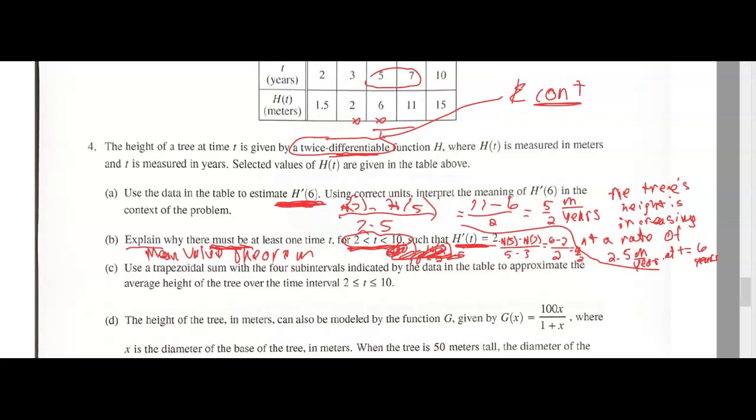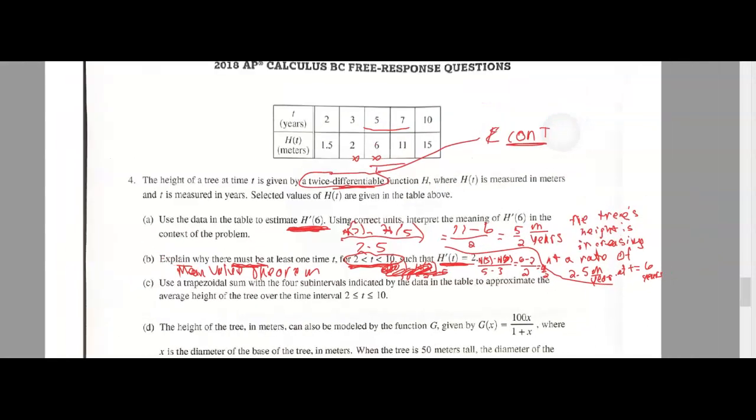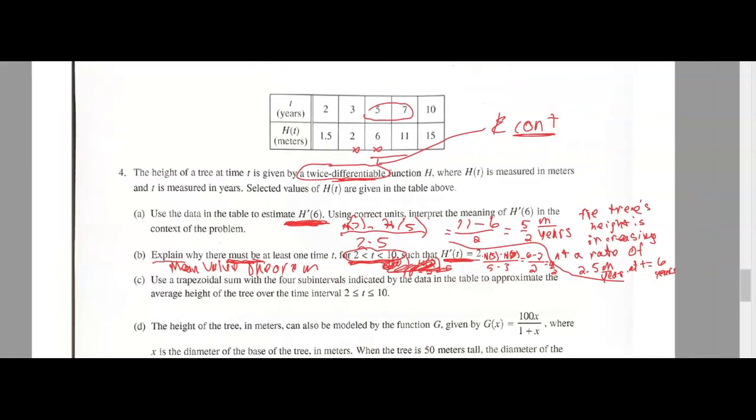And that, in this case, was from the interval of 7 and 5. Wait, did I put 3 here? Sorry. This should have been H of 7 minus... Sorry, the PDFs are hard for me to write on.